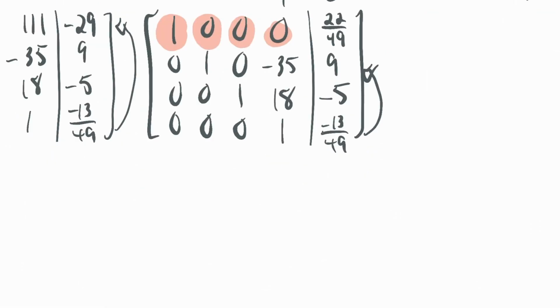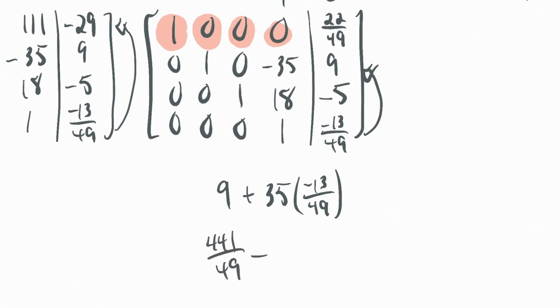So I'm going to need 9 plus 35 times negative 13 over 49. Okay, so 9 times 49, that's going to be 441 over 49 minus 35 times 13, 455 over 49. Is that negative 14? Yeah. So negative 14 over 49.